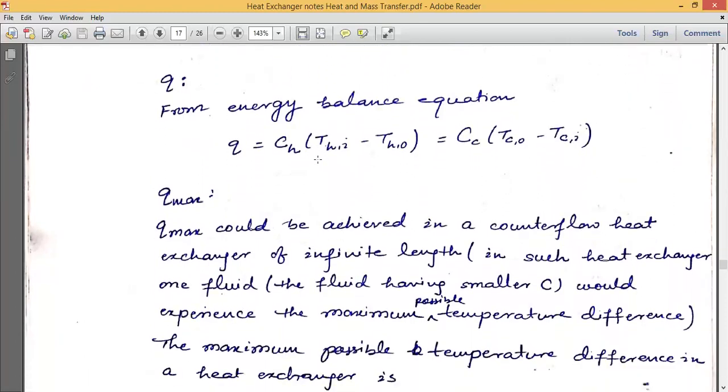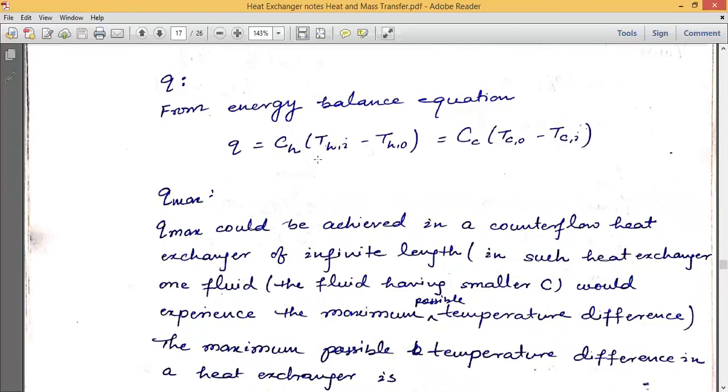If for a given heat exchanger with a specified heat capacity rate, the length is continuously increased, then there will be more surface area available for heat transfer between the hot fluid and cold fluid. So the total amount of heat transfer will increase.